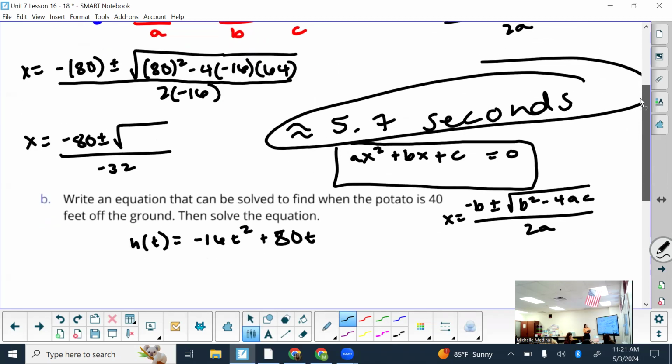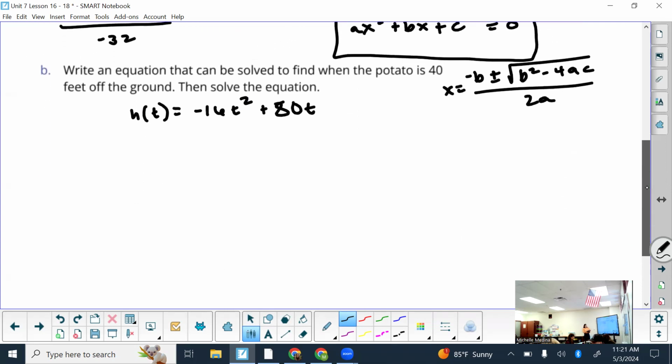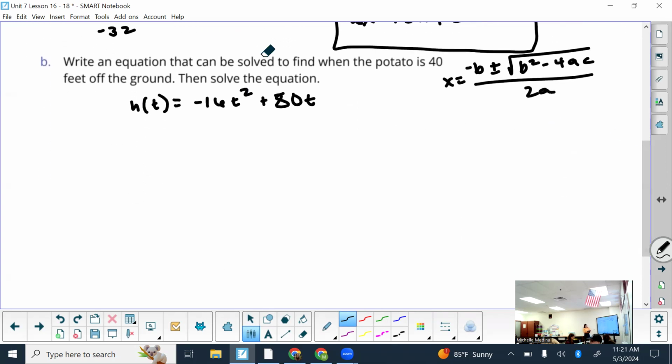Okay, so that equation was given to you. This was given in the problem, and it wants to know when the potato's 40 feet off the ground. You would have to know where to plug that in.